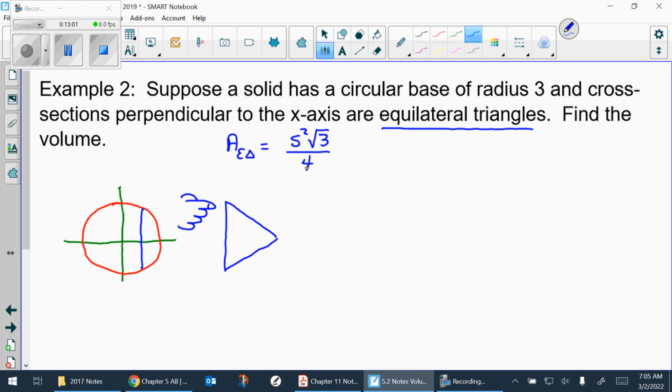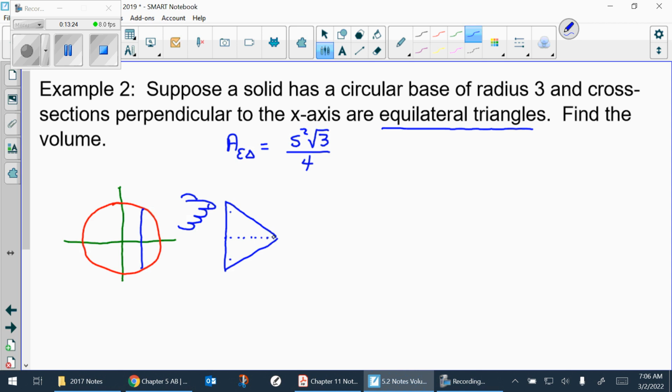That's the area of an equilateral triangle. Again, using rules of 30, 60, 90, each one of these angles is 60 degrees. And if we drew an altitude in here, we'd have a couple of 30, 60, 90s. And this is the area we would come up with.